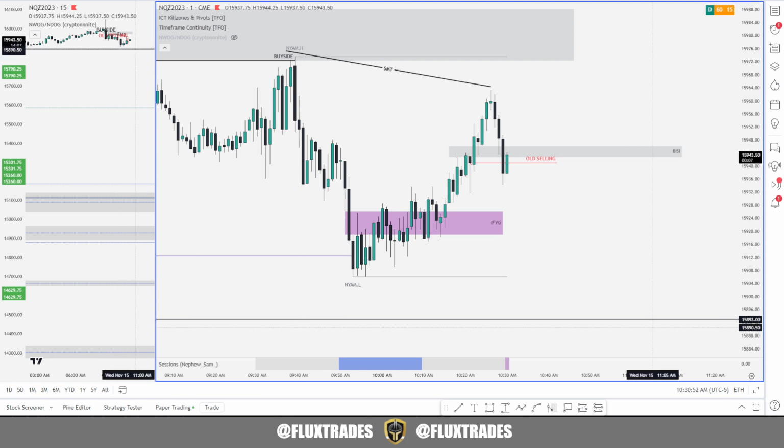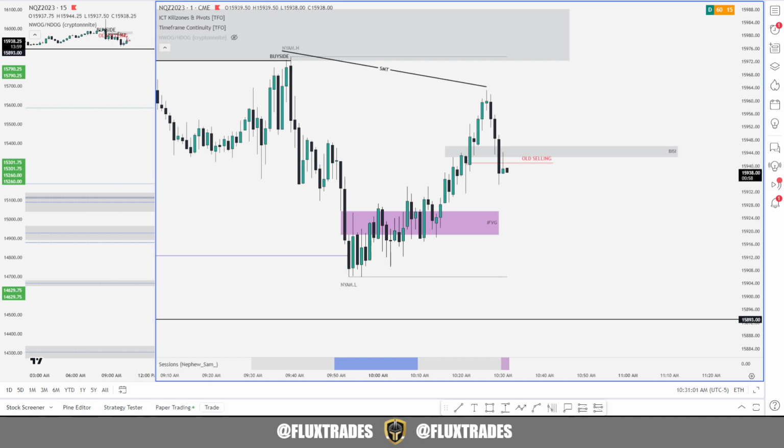Need a couple more candles here to give us some proper bias. So close back below.